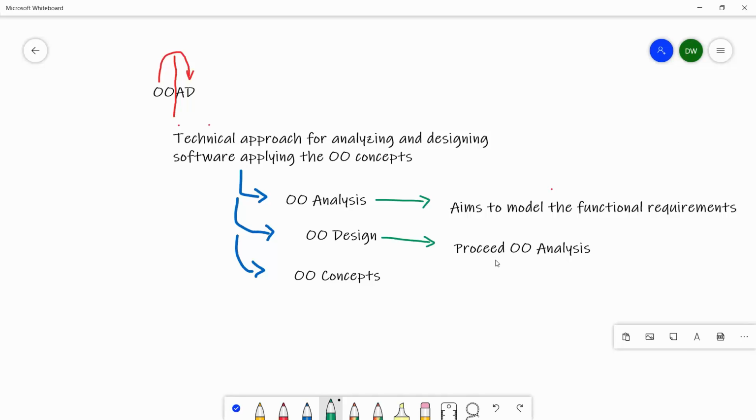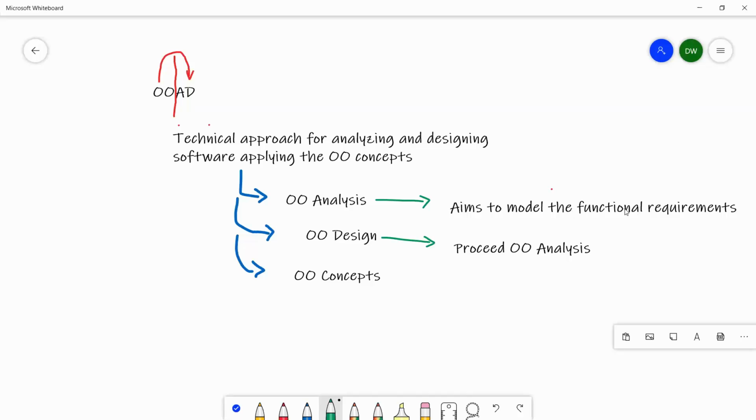If I tell you that again, in the analysis part, we think of functional requirements. And when we are thinking of functional requirements, we have to understand what kind of objects will be there in the system, how those objects will behave, and how those objects will interact with each other, right?